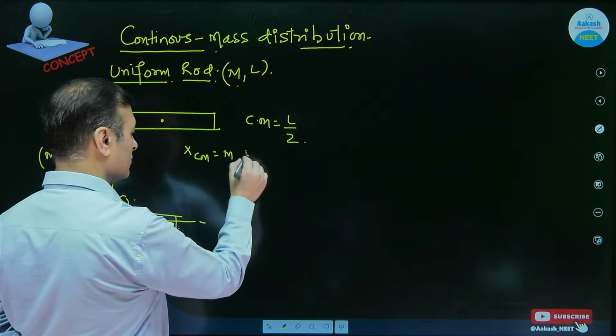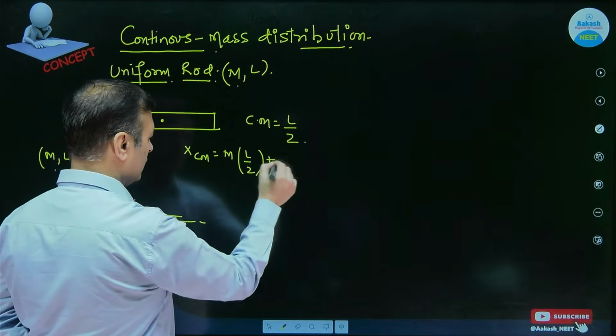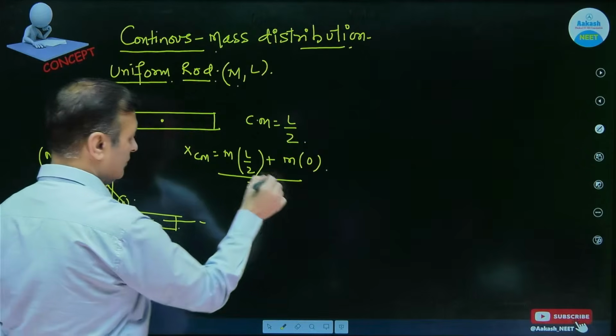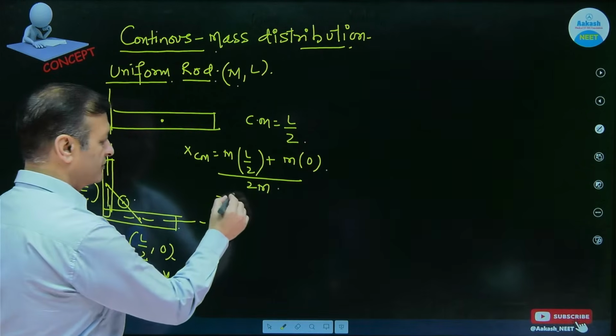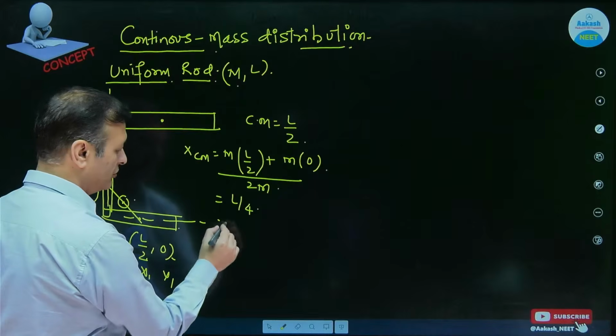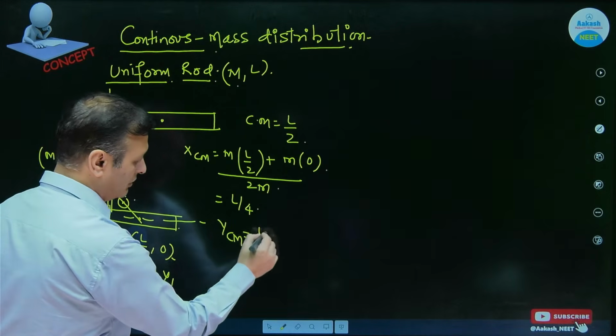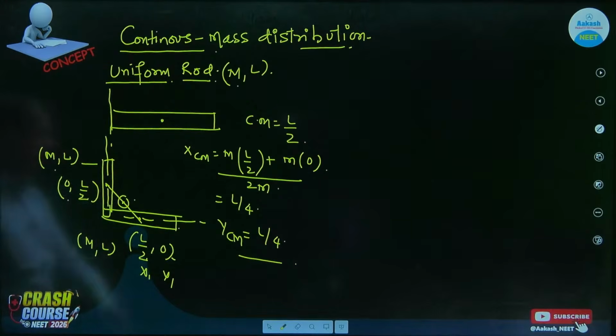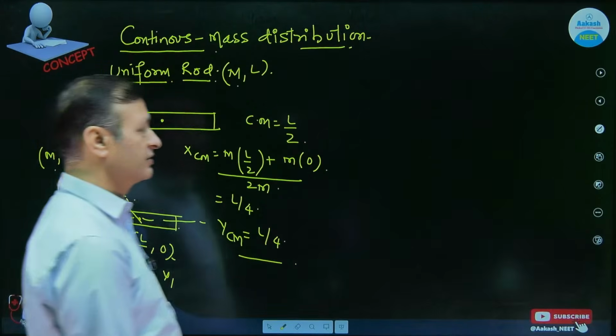So x1 is L by 2. For the second one, its x coordinate is 0 and this is 2m. So that defines as L by 4. Similarly, going by the same fashion, its y coordinate also comes out to be L by 4. So if you have perpendicular rods like this.